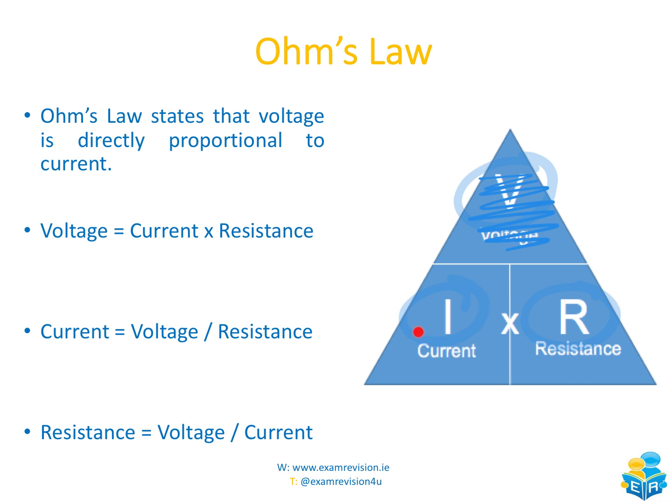Just be careful of that because for current, we use I, it's not C. So current times resistance. If you want to find out the current, we're going to cover up current. It's going to be the voltage divided by the resistance. And if you want to calculate the resistance, we cover up resistance, and it's going to be the voltage divided by the current. Okay, so how we remember this one, that silly triangle was distance, speed, time. VIR is a very important relationship.